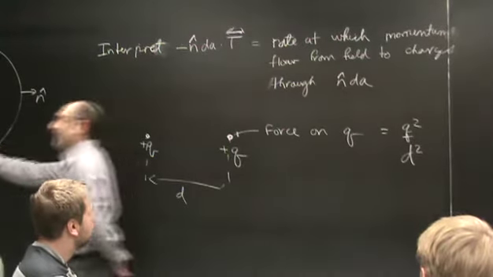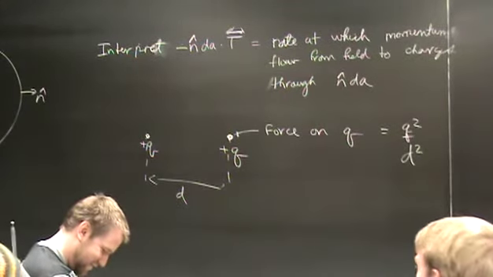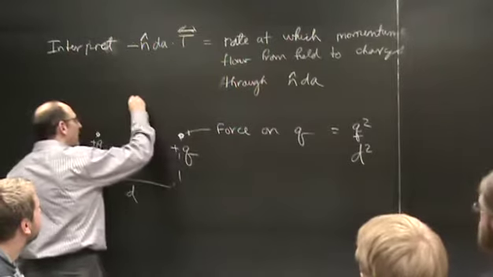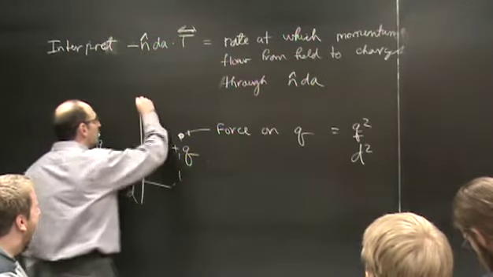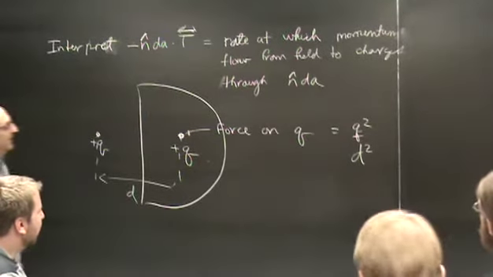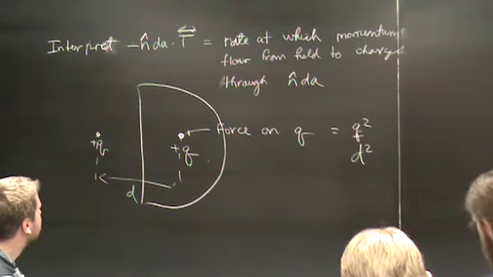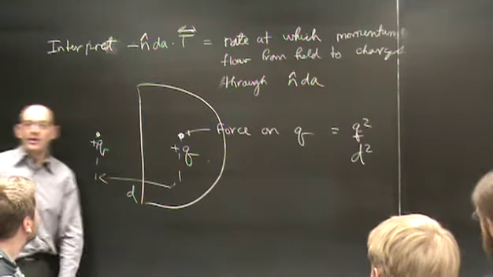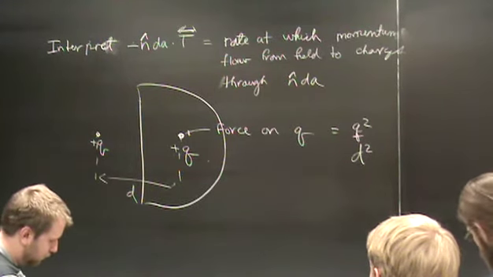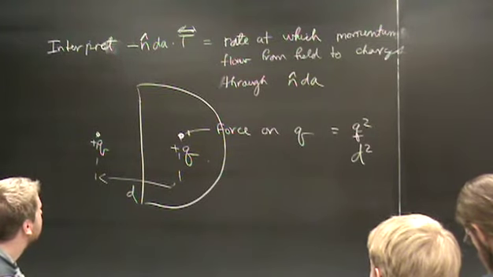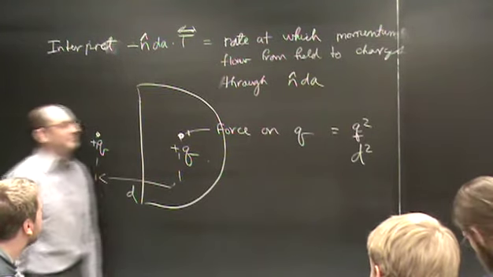Let's calculate it in the hardest way absolutely possible. We want to show that the force acting on this charge is equal to, well, I'm going to draw a volume, and that volume is going to be a hemisphere. The hemisphere with its equator halfway at the midpoint between these two charges. And I'm going to calculate the flux of the stress tensor out of this volume and show that it equals this.